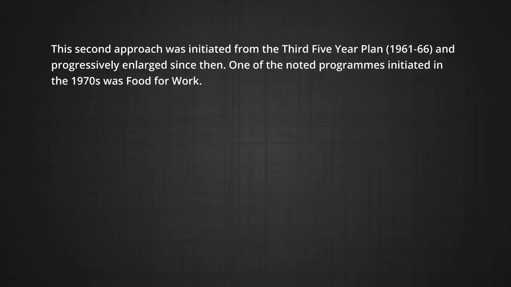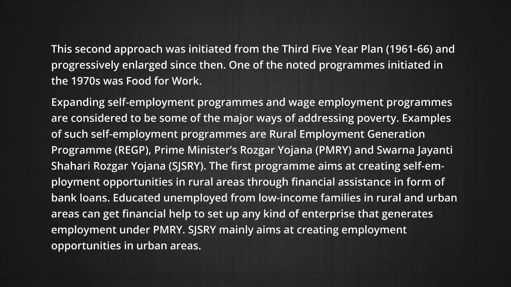This second approach was initiated from the third 5-year plan, during 1961 to 66, and progressively enlarged since then. One of the noted programs initiated in the 1970s was Food for Work. Expanding self-employment programs and wage employment programs are considered to be some of the major ways of addressing poverty.